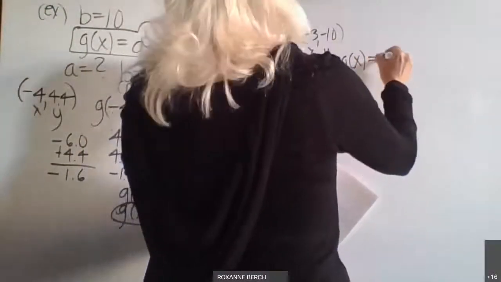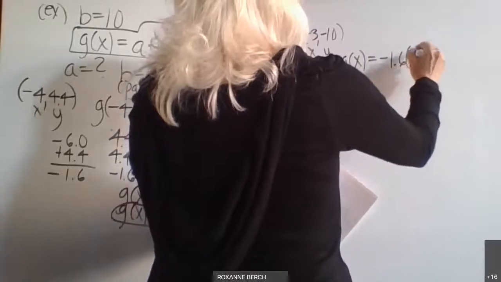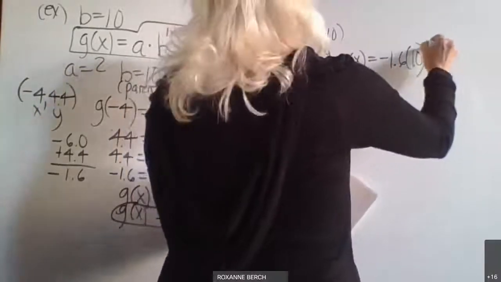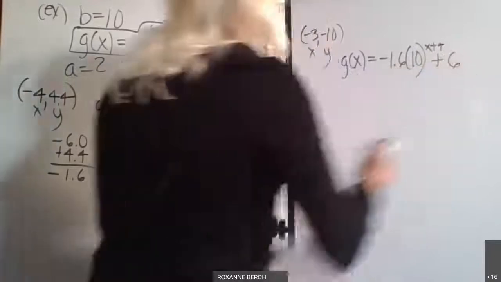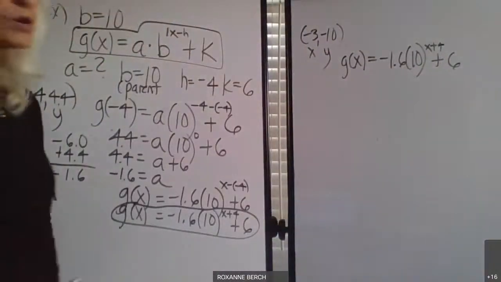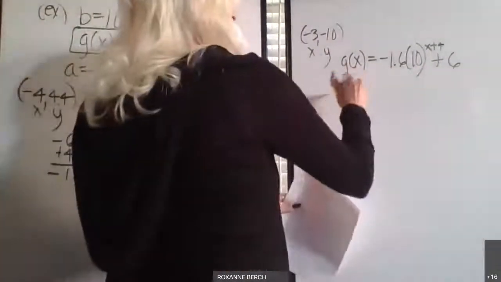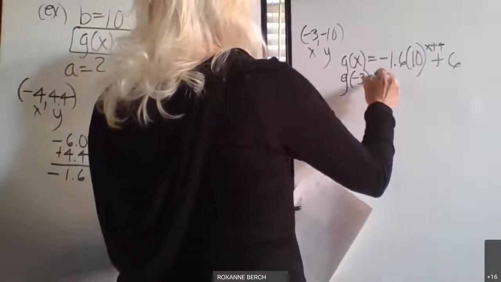So we came up with negative 1.6 times 10 to the x plus 4 power plus 6. You're going to, for x, put in negative 3.